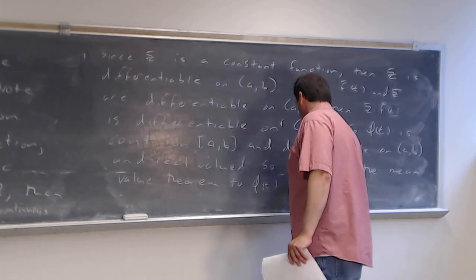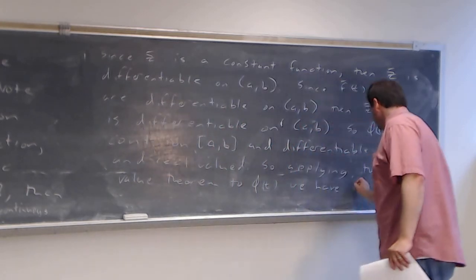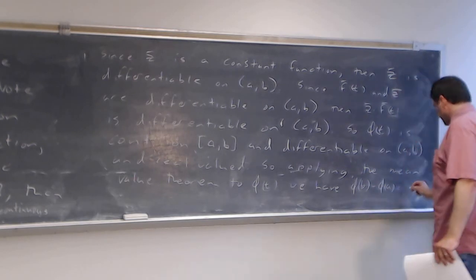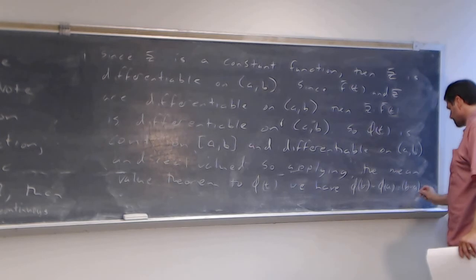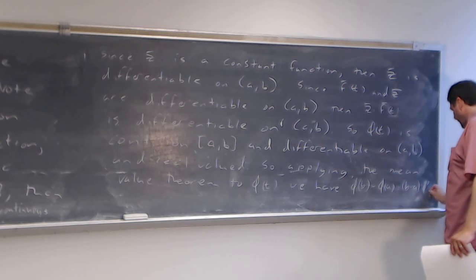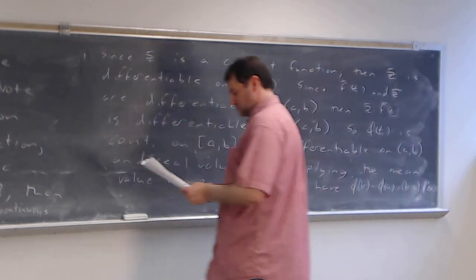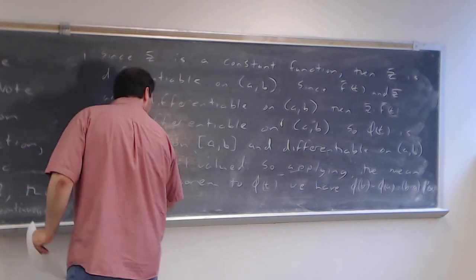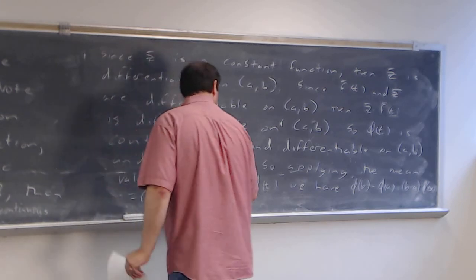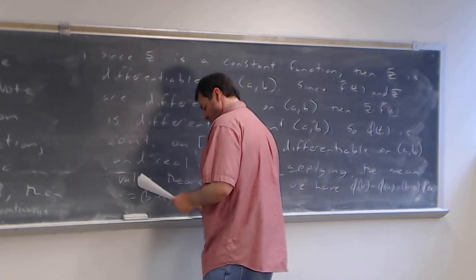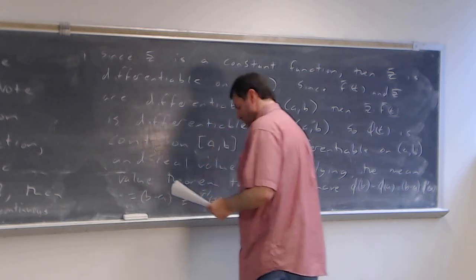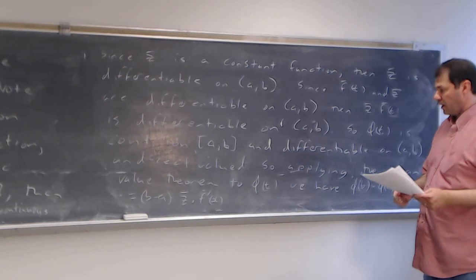to phi of t, we have phi of b minus phi of a equal to b minus a times phi prime of x, which is going to be equal to b minus a, and then phi prime of x is going to be z bar dot f bar prime acting on x, and that's by the product rule for the inner product.